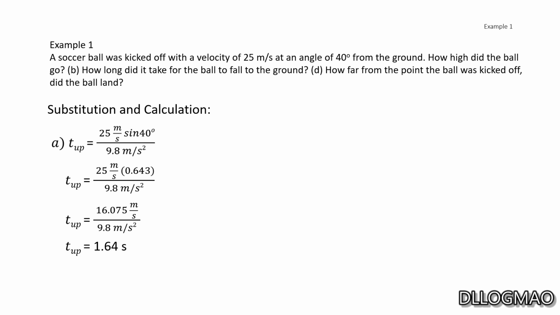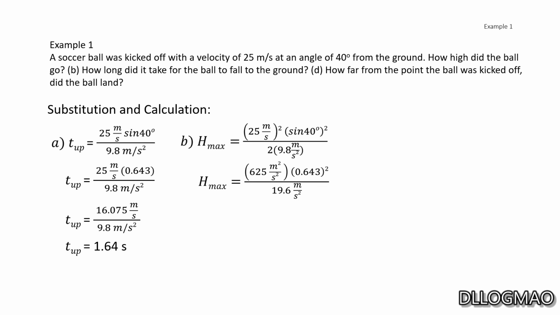The maximum height, h sub max, substituting the values of initial velocity, angle of launch, and acceleration due to gravity to the formula stated earlier. Determine the equivalent of sine 40 degrees first before squaring it. Square the initial velocity, multiply 2 and 9.8 meters per second square.